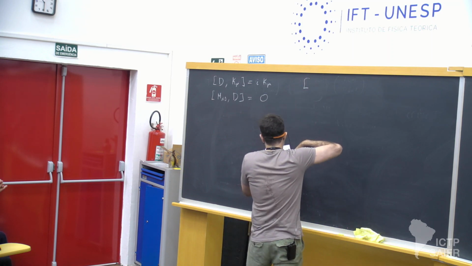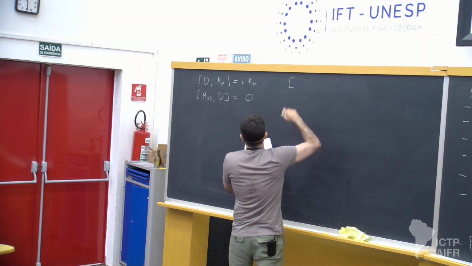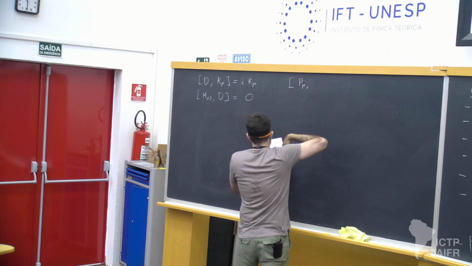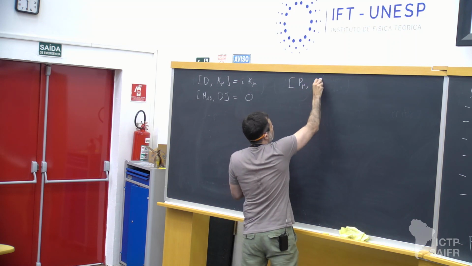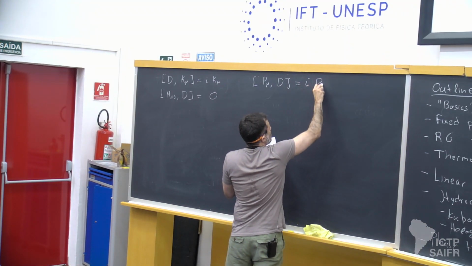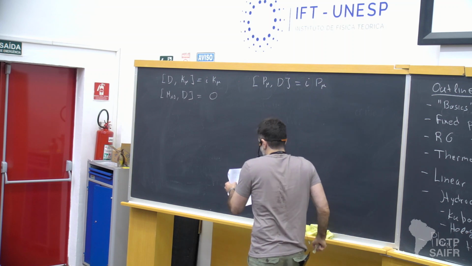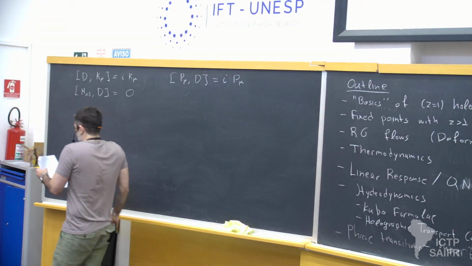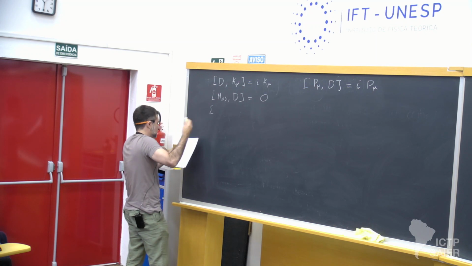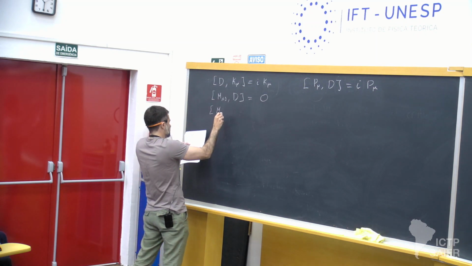And I want to write here, what else? The commutator of the generator of translations with the generator of dilatations, which is going to give me an i P mu. Maybe it is worth writing down the other ones. Well, it will just demonstrate that it closes some algebra.